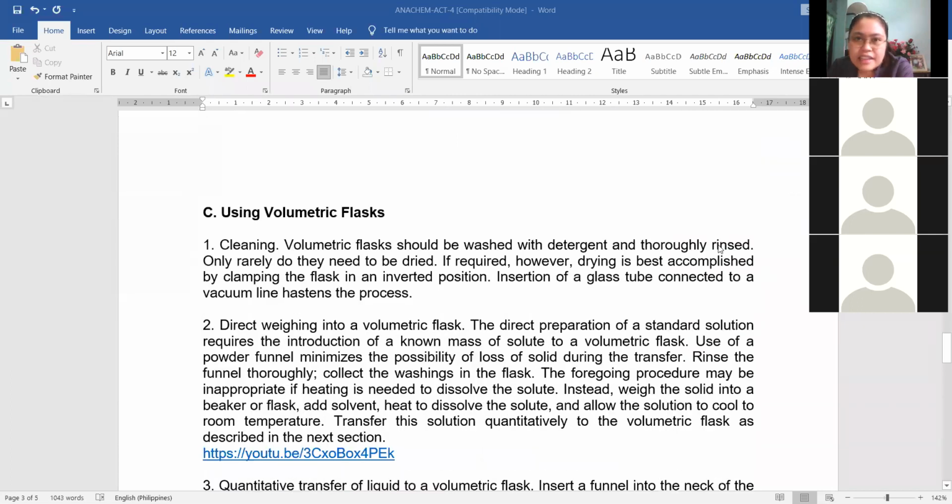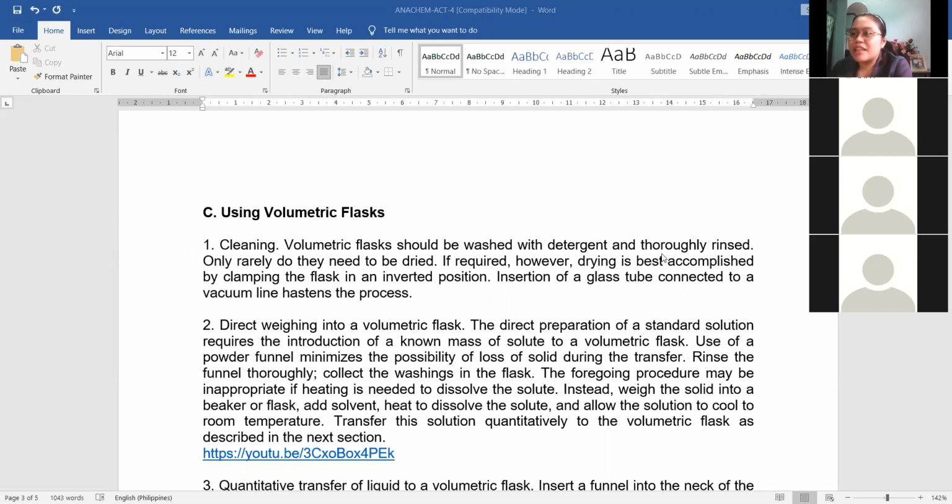And then, the last apparatus that we use to measure volume of liquid is the volumetric flask, but the volumetric flask class is more on to contain na calibration. So just like the two apparatuses we discussed a while ago, volumetric flasks require cleaning also.